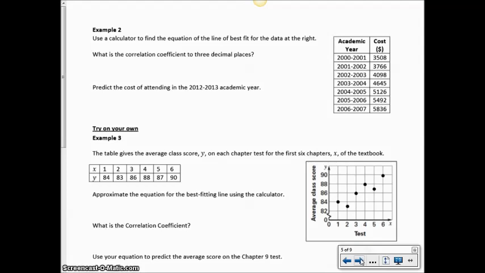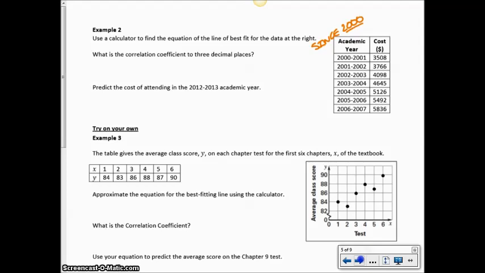data to the right. So it's talking about the academic year and their cost. And it wants to know the correlation coefficient. That's R when you look in your calculator. So you're going to do the same thing. But when you're putting this in your calculator, it's going to be years since 2000.